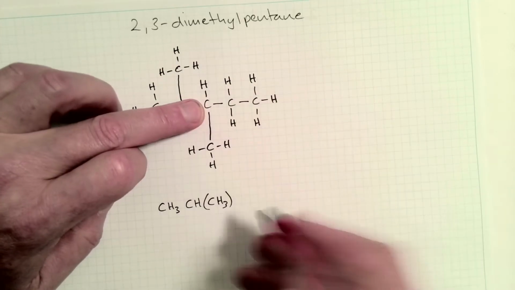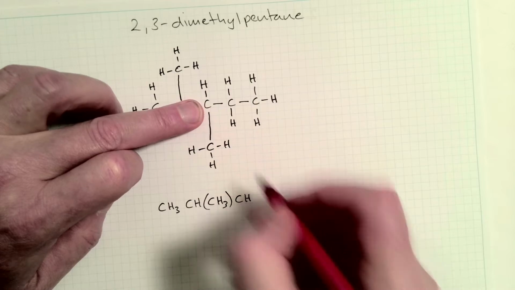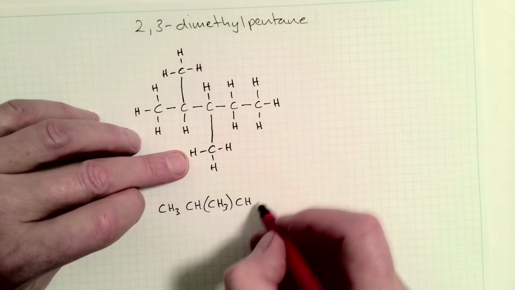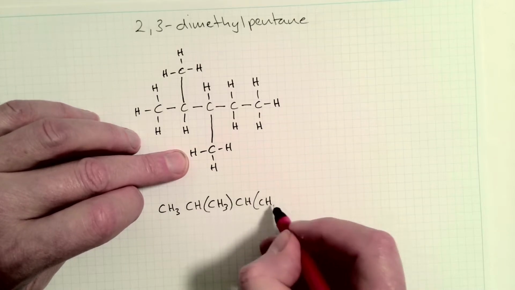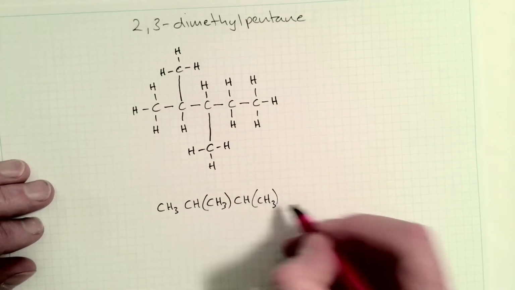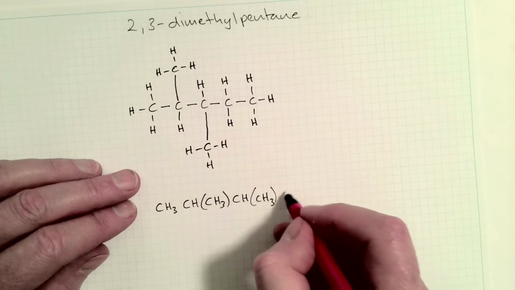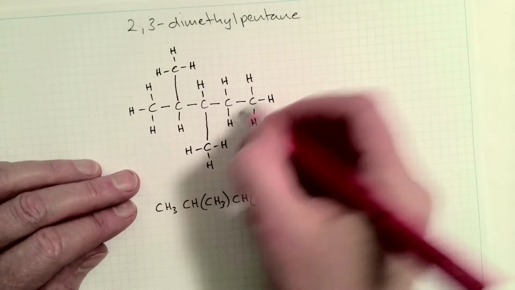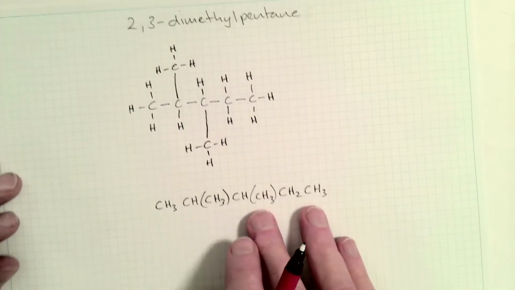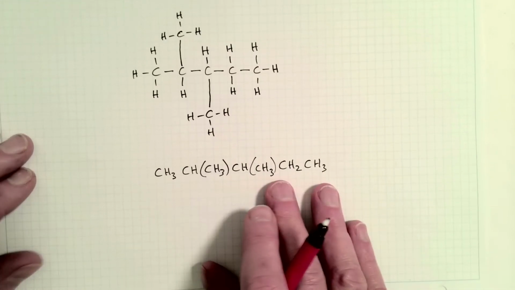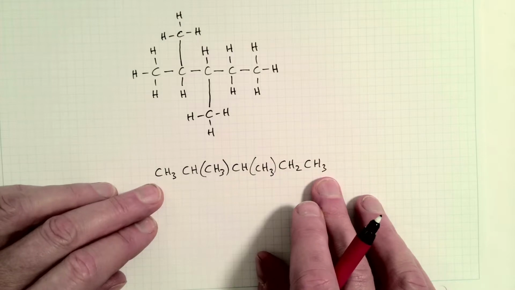And then again we have CH. And then I have a side bracket, which is CH3. Then I have a CH2. And then I have a CH3. Okay, it's a bit cumbersome, but it is possible to draw out the full structure using the shortened structural formula.